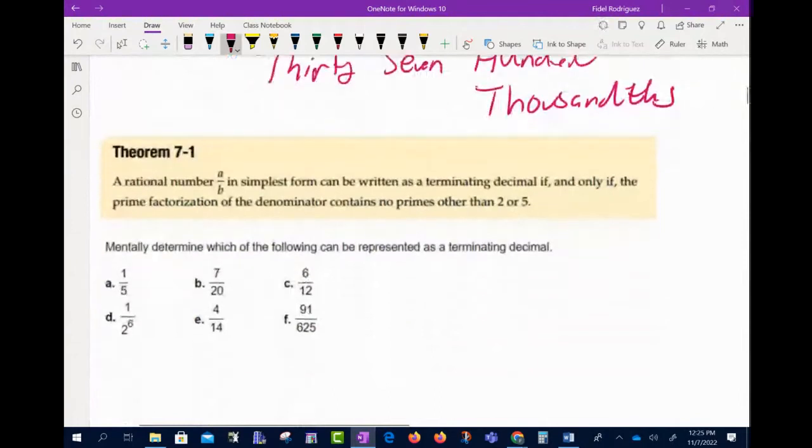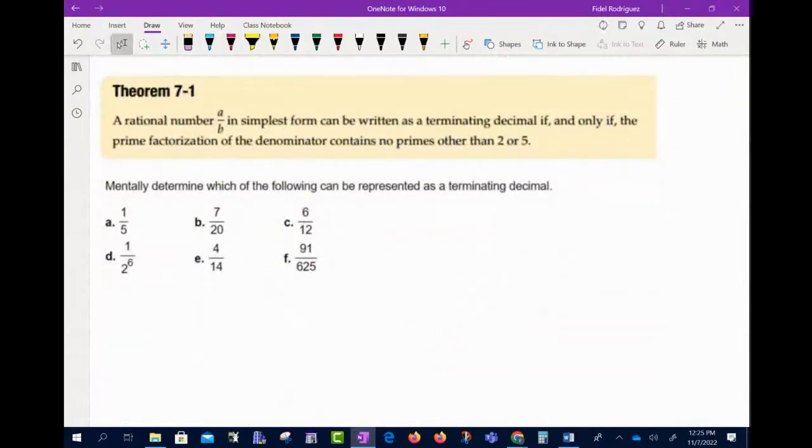Okay, so the next part here, we're going to talk about if a fraction can be written as a terminating decimal. Terminating decimal just means that if you were to divide it out, the decimal would end. It wouldn't be one of those decimals that goes on and on forever. It can be written as a terminating decimal if and only if the prime factorization of the denominator contains no primes other than 2 or 5.